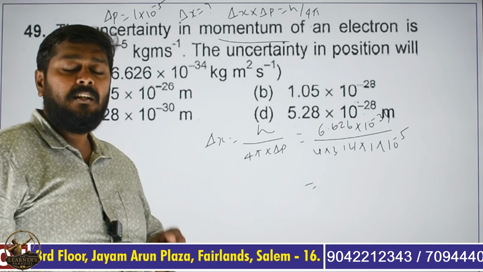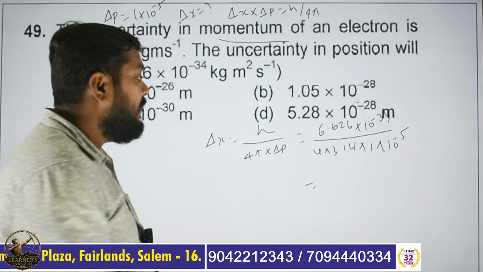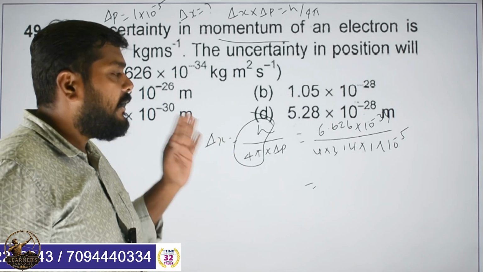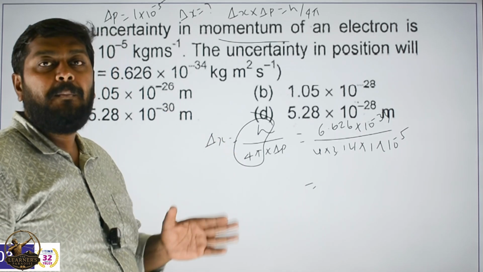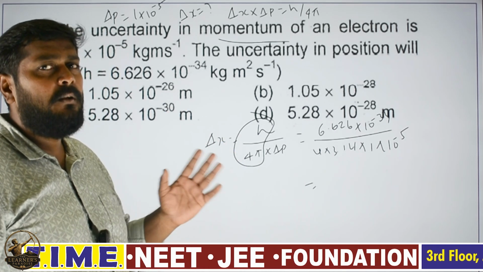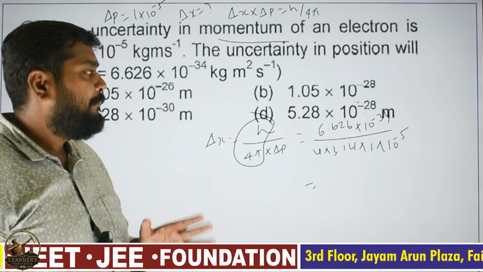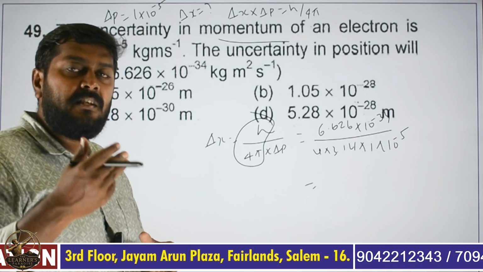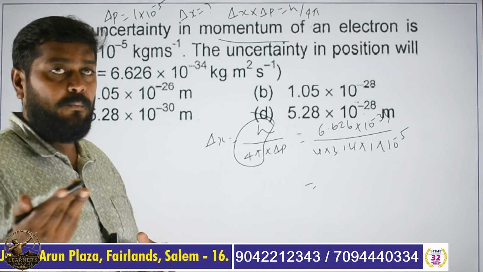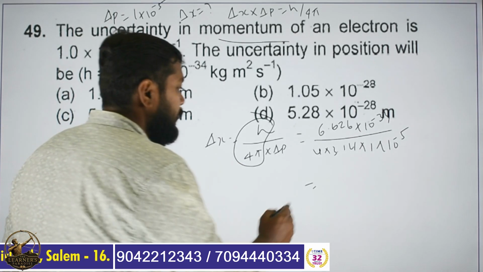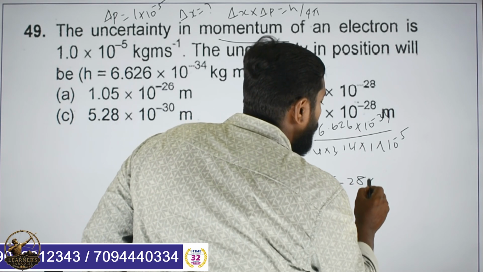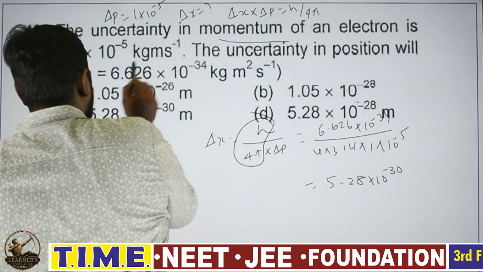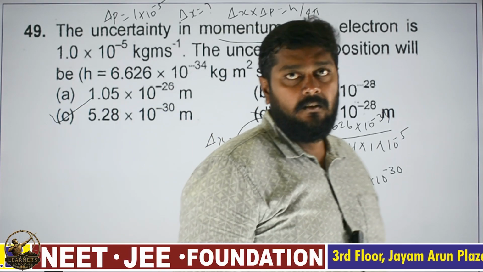Earlier classes, earlier sums நான் solve பண்றப்ப சொல்லியிருக்கேன், this is a constant value, you have to divide and multiply and you have to remember that value. நான் நிறைய தடவை சொல்லியிருக்கேன், it will be 0.5254, I think so, right? இப்போ இந்த மாதிரி ஷார்ட்கட்ஸ் எல்லாம் நீங்க வச்சிருந்தீங்கன்னா தான் கொஸ்டின்ஸை ஈஸியா சால்வ் பண்ணிட்டு நெக்ஸ்ட் போக முடியும், right? So by solving this you will get 5.28 into 10 to the power minus 30 meter. That is going to be your option, third one, right?